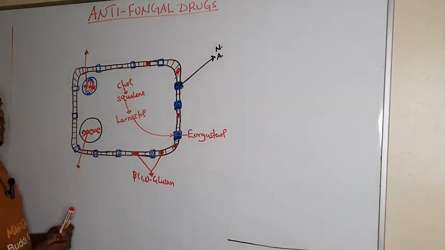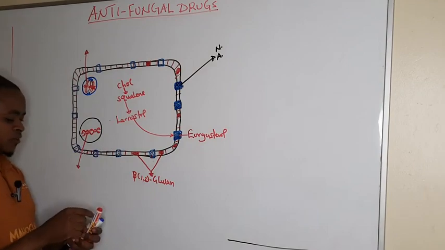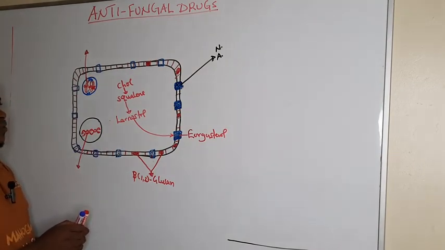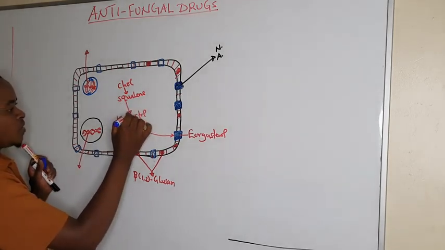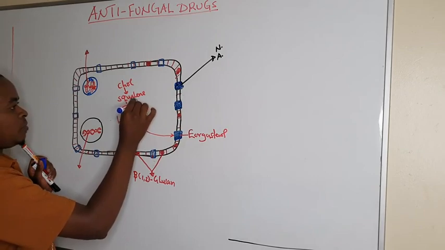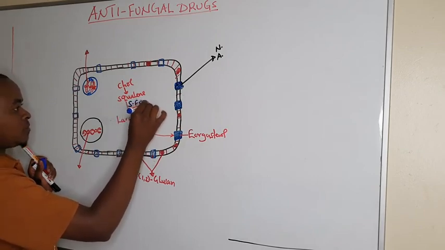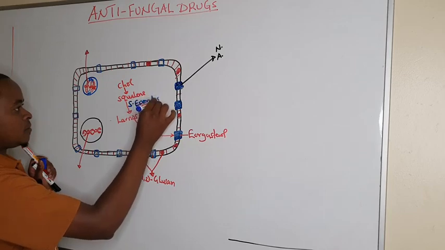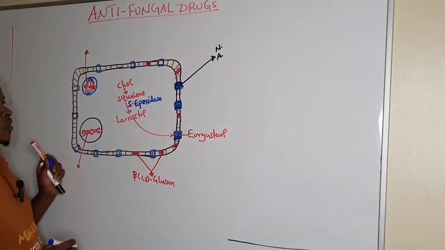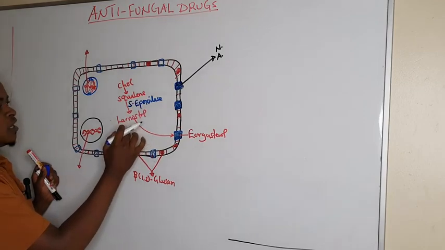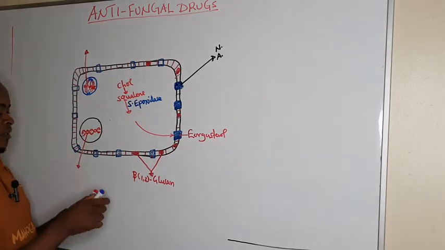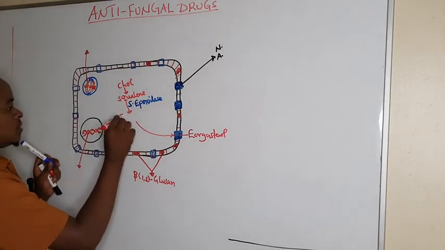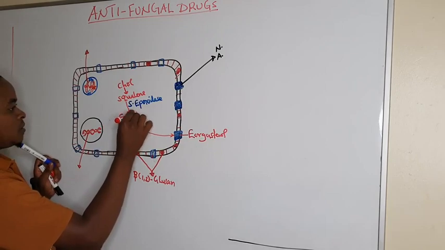And we are going to see that the process of converting squalene to lanosterol is catalyzed by an enzyme known as squalene epoxidase. So this squalene epoxidase, before it forms the lanosterol, first forms squalene epoxide.